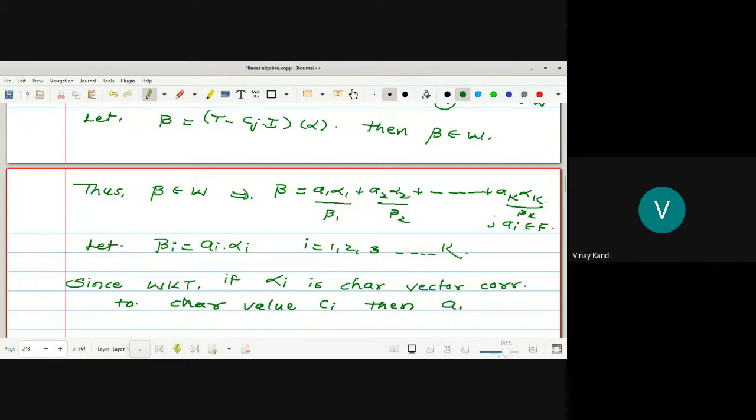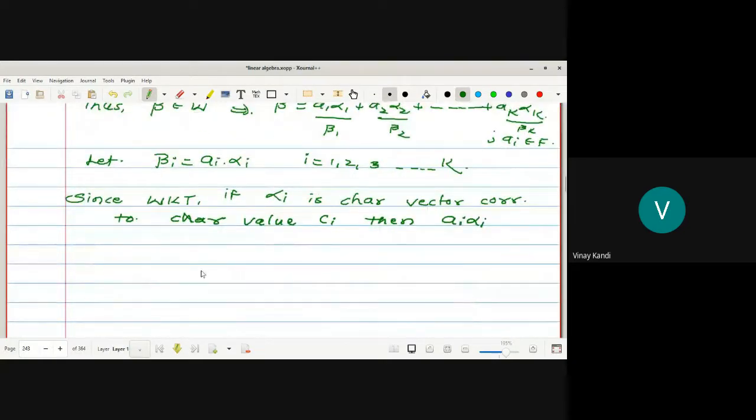A scalar multiple of a characteristic vector is again a characteristic vector corresponding to ci. Is it correct? Yes, sir. If alpha i is the characteristic vector corresponding to characteristic value ci, then ai into alpha i is also a characteristic vector corresponding to the same characteristic value ci.